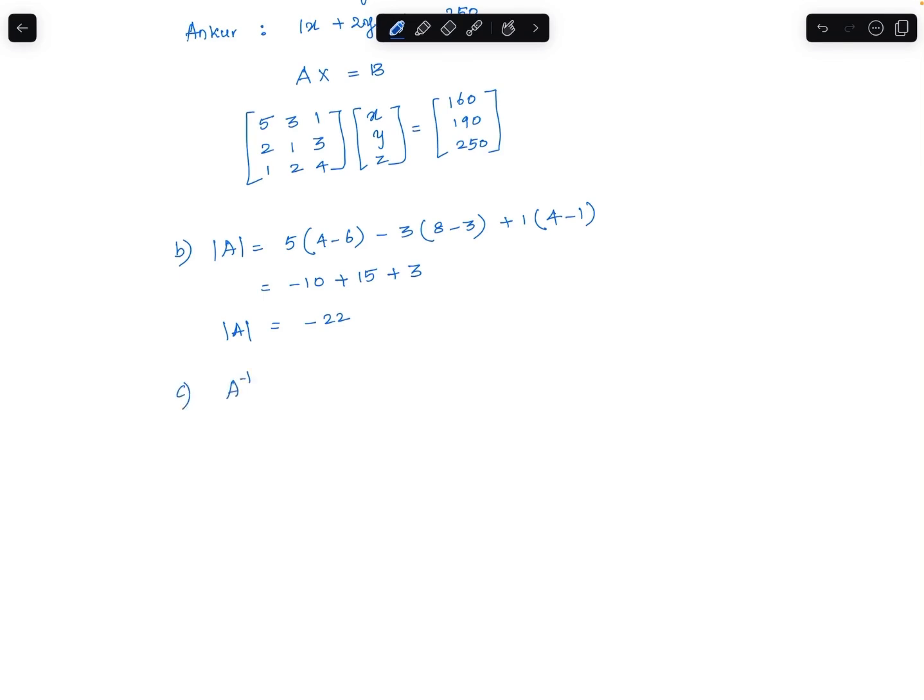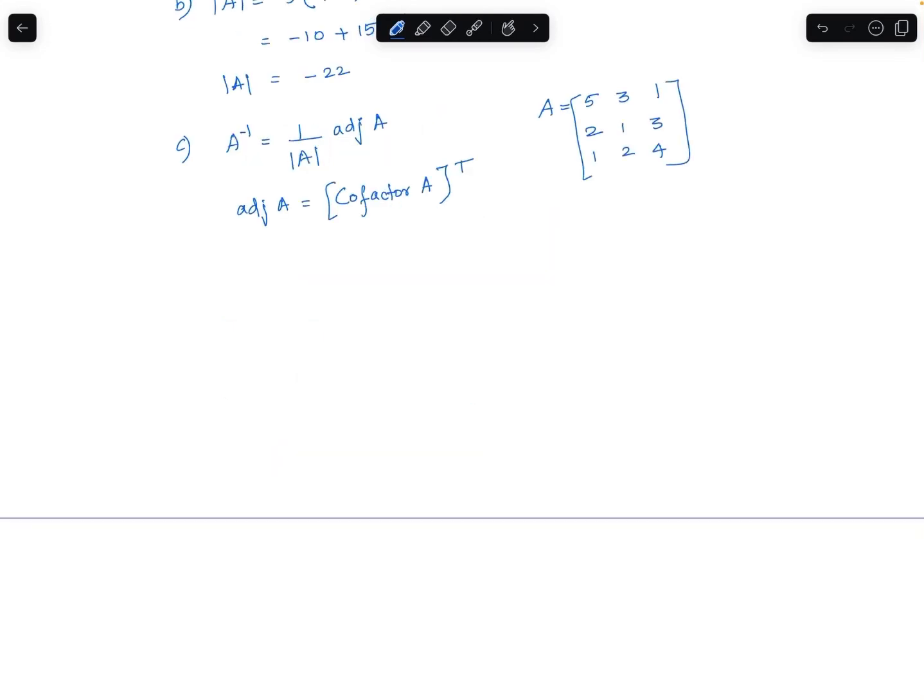Question C. Find A inverse. A inverse is equal to 1 by determinant of A times adjoint A. To get the adjoint matrix for A, we have to find the cofactor matrix of A and transpose it.